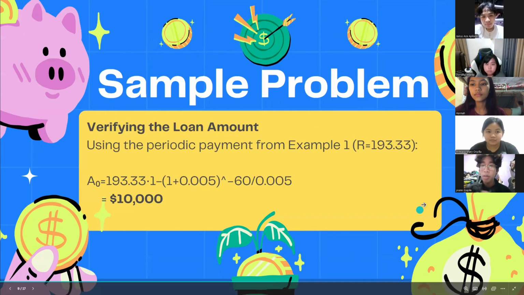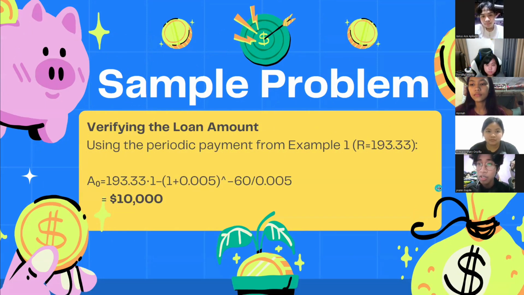By plugging these values into our formula, we get this equation. A sub 0 is equal to 193.33 times 1 minus the quantity of 1 plus 0.005 raised to negative 60, over 0.005, which is equal to $10,000.